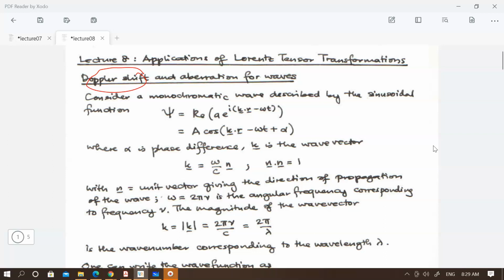Okay? And a plane wave is described as this sinusoidal function. Okay, so remember your Euler formula, e^{ix} equals cos x plus i sin x. Okay, so we are just taking the real part over here. So that corresponds to the cos, but when you do that, one still can have a general description by introducing this so-called phase angle.